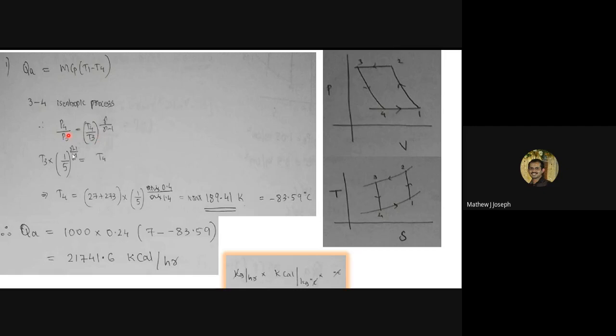So substituting all the known values, we arrive at T3 times 1 by 5 raised to gamma minus 1 by gamma will be equal to T4, and we can cross multiply and find the value of T4. Always remember, the temperature terms should be in Kelvin, that is SI units. Okay, so if we are going wrong here, that is T3. T3 is given as 27 degrees Celsius in the question.